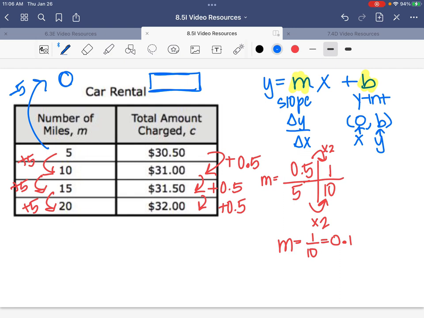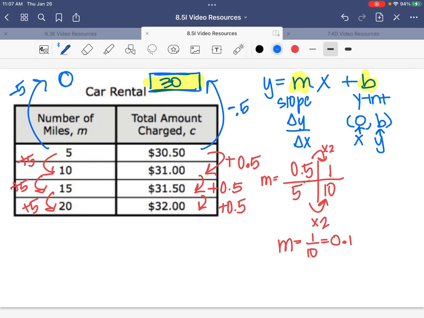So now that we work backwards, my cost is decreasing by 50 cents. And so $30.50 decreased by 50 cents leaves me with just $30, which is my initial charge or the starting amount. So before I ever take that car rental, I have to pay them $30 to just get the car. And then for every mile added to that, I pay 10 more cents.